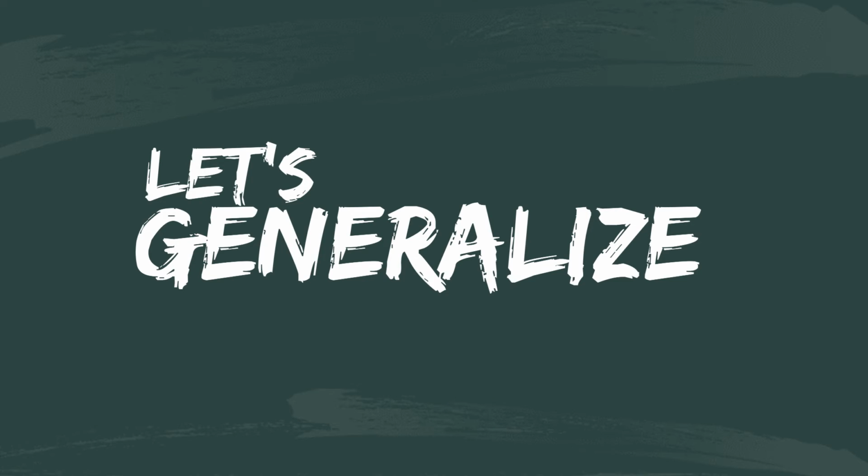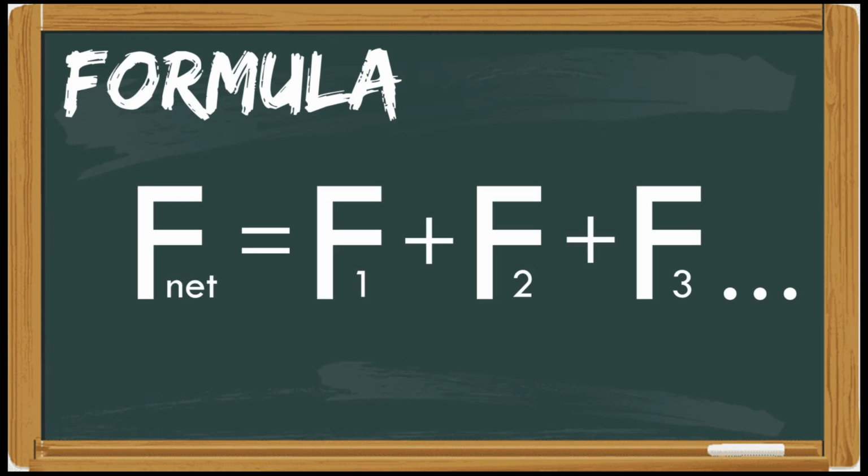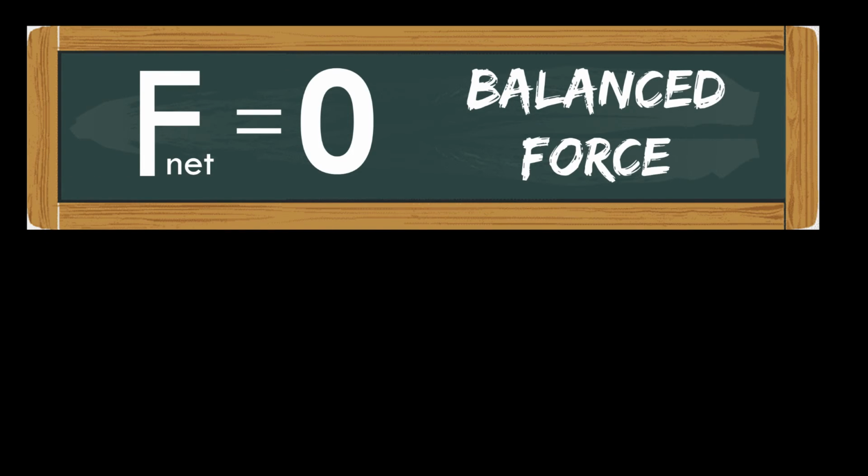Today, we learn how to calculate the net force. We can calculate it by following this formula. Net force is equal to F1 plus F2 plus F3 and so on, depending on the number of forces. You also learn that if the net force is equal to 0, all forces acting on the object is in equilibrium, or in state of being balanced.